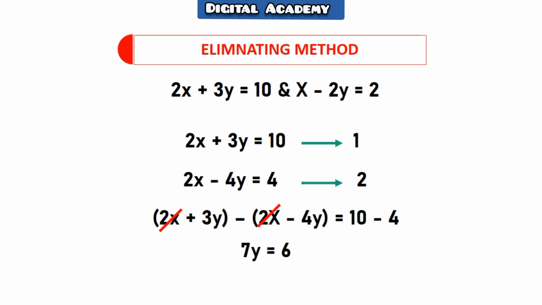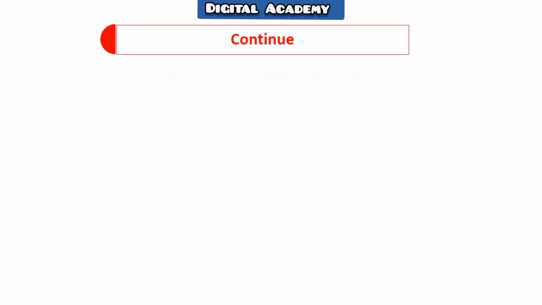Step 3. Solve for y. y equals 6/7. Step 4. Substitute y into one of the original equations to solve for x. Using x minus 2y equals 2. x minus 2 times 6 divided by 7 equals 2. Step 5.